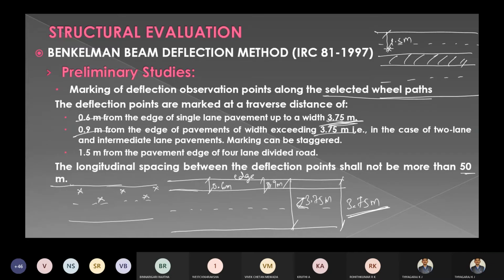Remember, marking of points is along the wheel path. For a single lane road with 3.75 meter width, 0.6 meter from the edge; 0.9 meter for road width greater than 3.75; and 1.5 meter if it is a 4-lane divided carriageway.